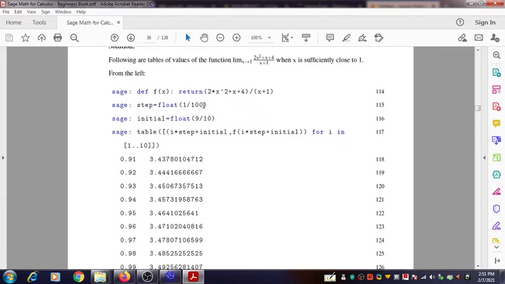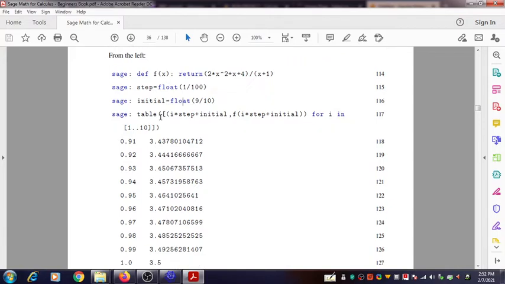Which is given here, and that difference is given in the second line, and in the third line we are giving the starting value for x. So we use the word initial equal to the floating point number 9 by 10, that is 0.9.